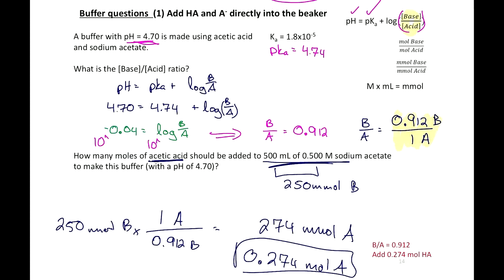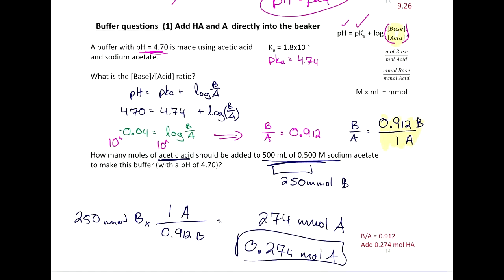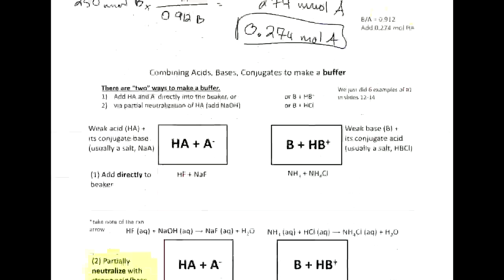I give you a pH. With that pH and given pKa, you can get what the required base to acid ratio you need to achieve that pH. Okay, so in all of these examples, I've essentially given you straight what is the base, what is the acid, and how much of each you put into the solution.